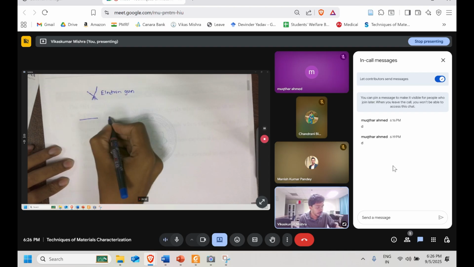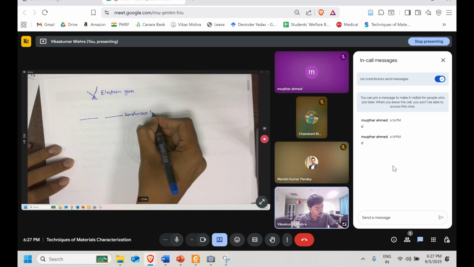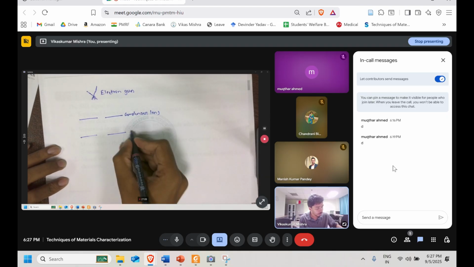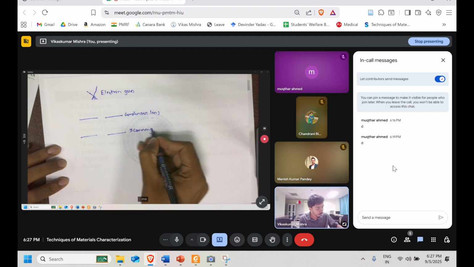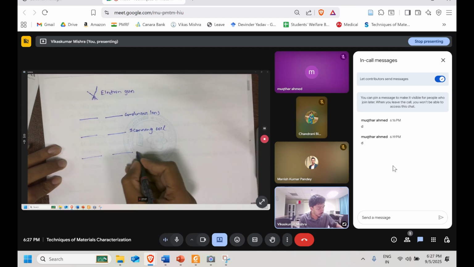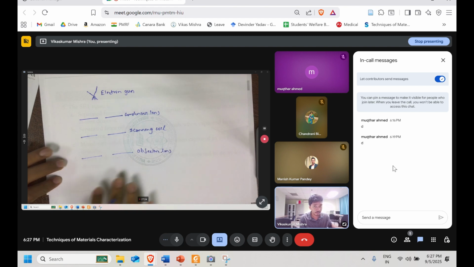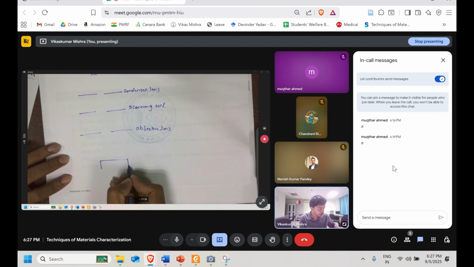Then we have the condenser lens. After that, we have a scanning coil. Then it is followed by the objective lens. Then we have the specimen.